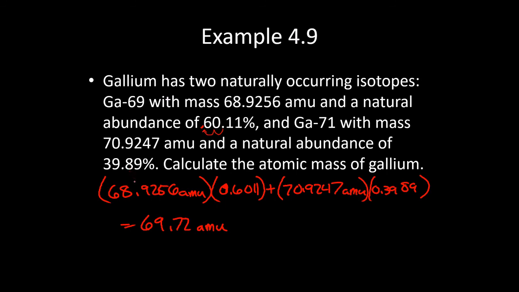So it's not that we have tons of one and just a little bit of the other, but we should be closer to 69 than we are to 71, and we are closer. We're about 0.3 AMU closer. So this number makes sense to me, and it matches what's in the periodic table, so that is always good.